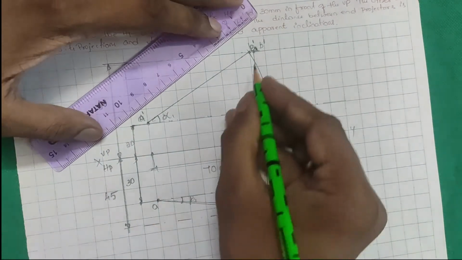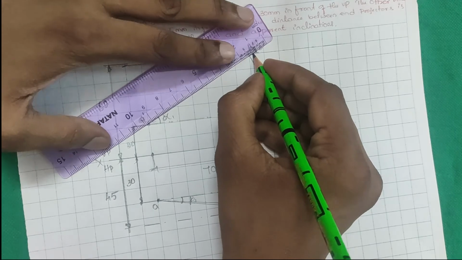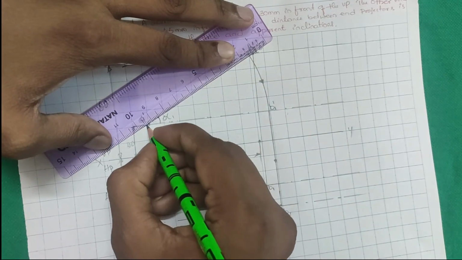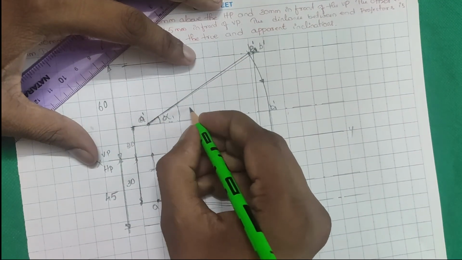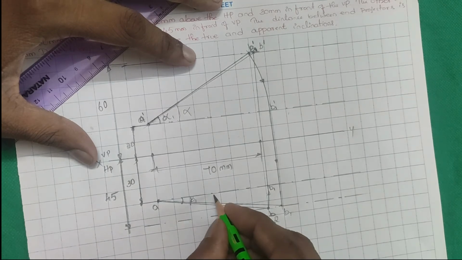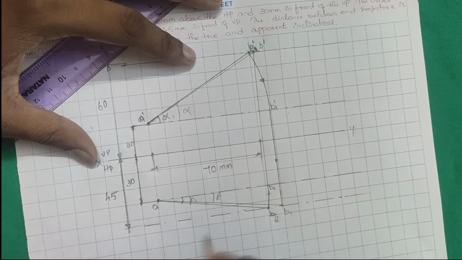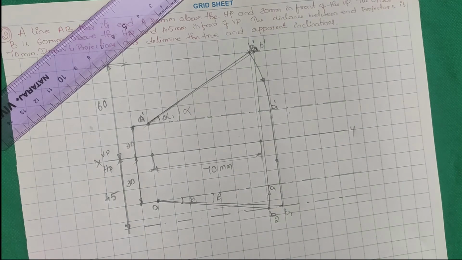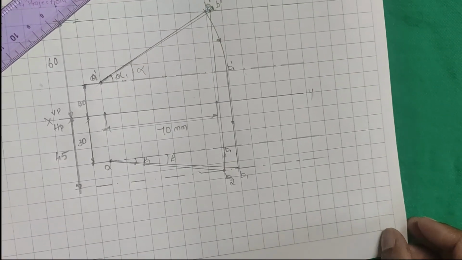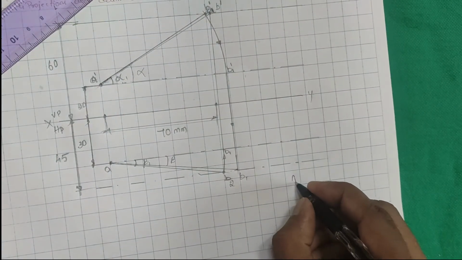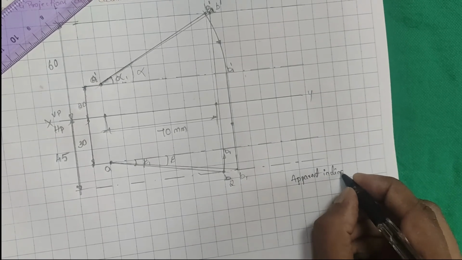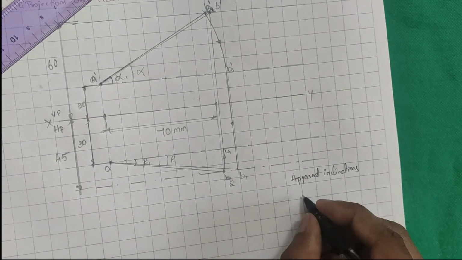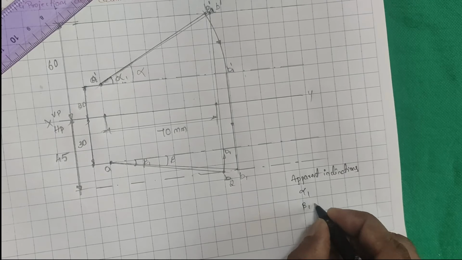Now I have to join from end to end. This is alpha, the true inclination, and this is beta, the true inclination. Now I have to note them down one by one. First is the apparent inclination: alpha 1, then beta 1.